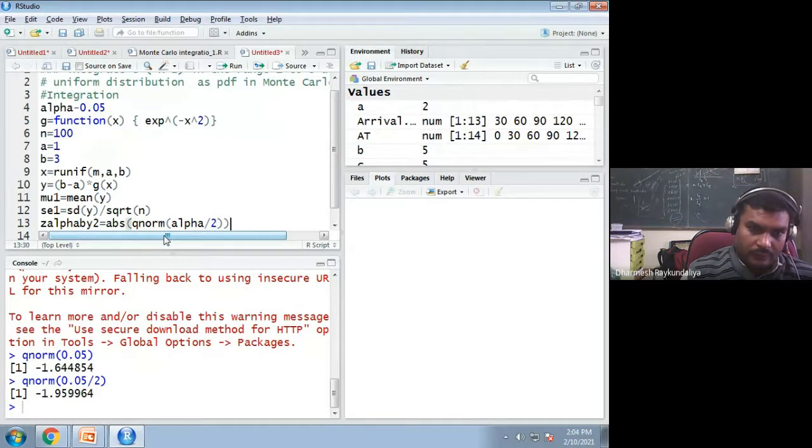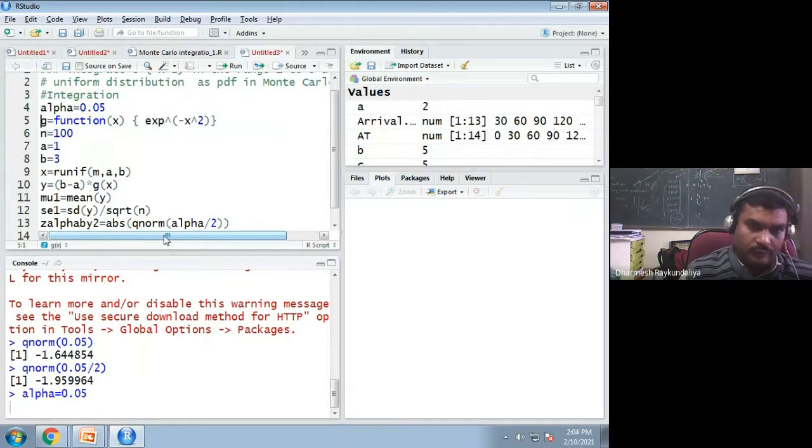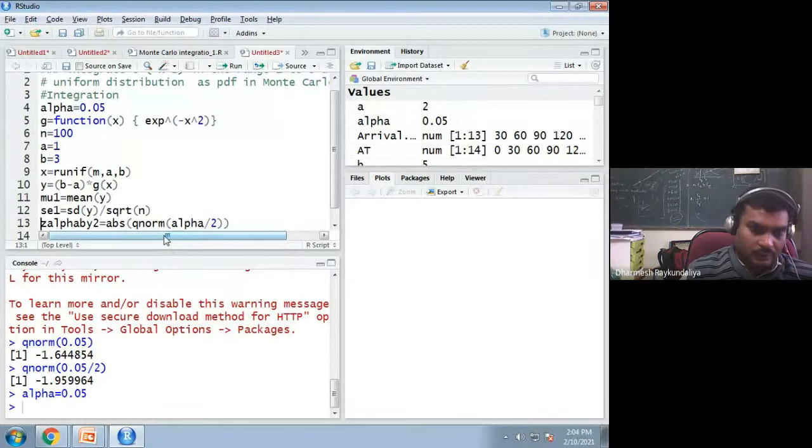We'll verify what happened. We say alpha equal to 0.05. Then what is the z alpha by 2?